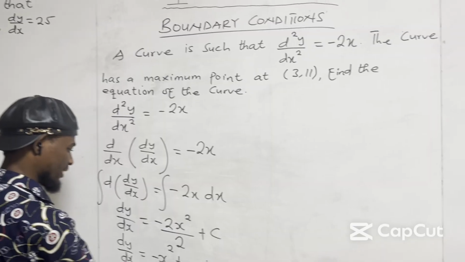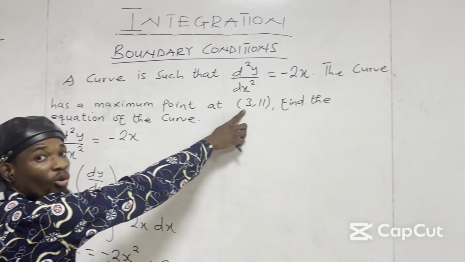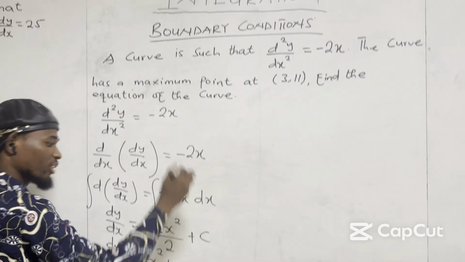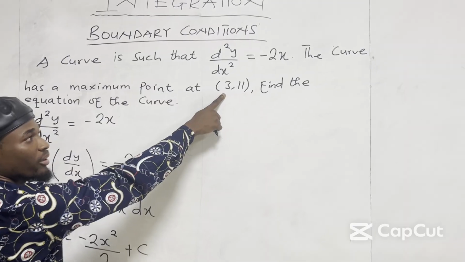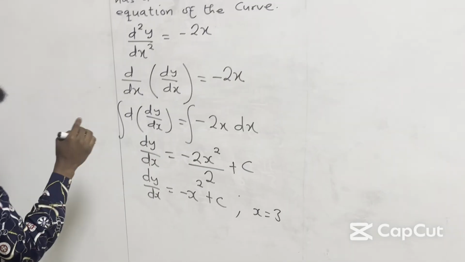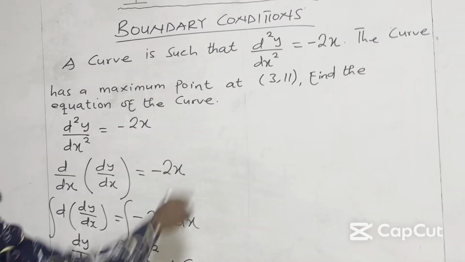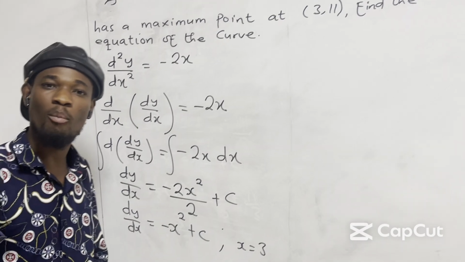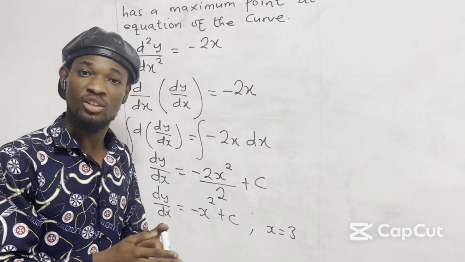But from the question, I have x coordinate and y coordinate. The x coordinate is 3 from here. So the question says the curve has a maximum point at. So at the maximum point, what happens? dy dx equals 0.